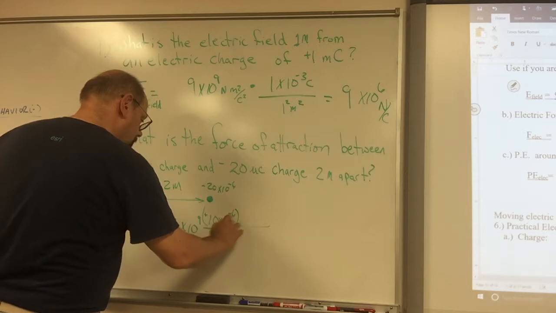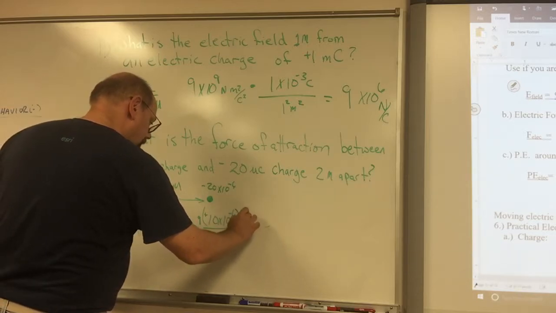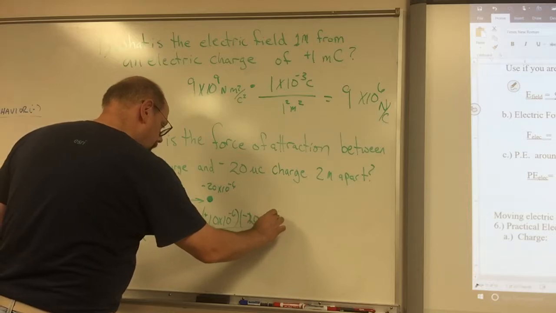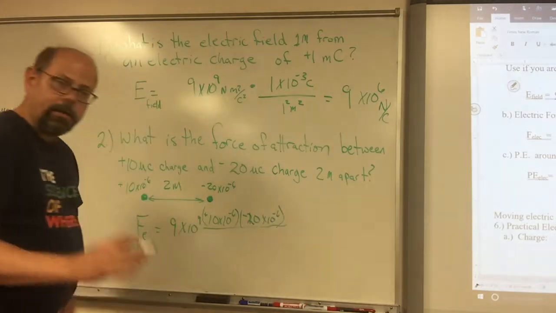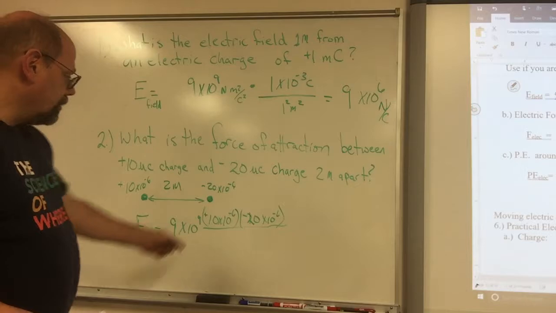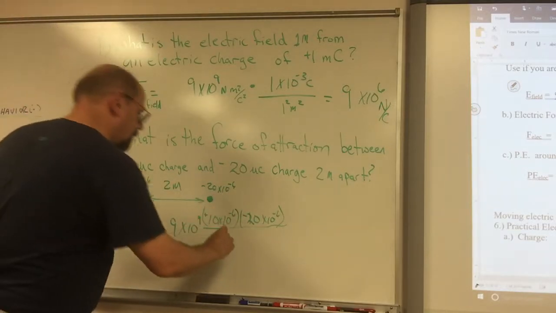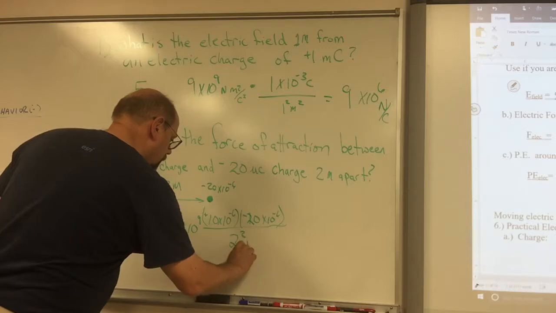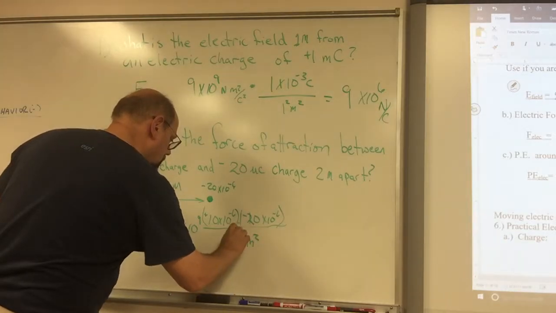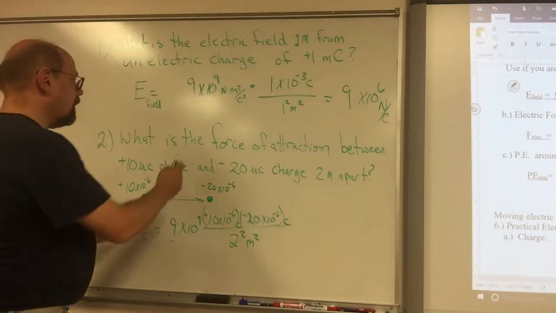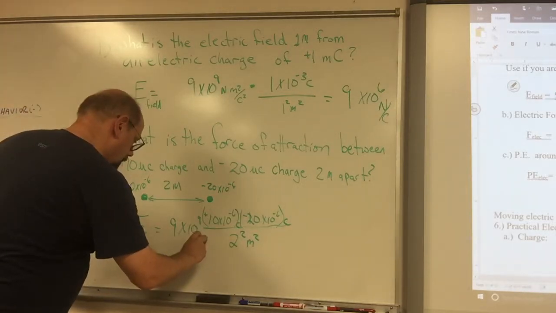This is going to be times a negative 20 times 10 to the minus 6th. I got to keep making sure I get the minuses in there. So those are your two charges, 10 times 20 times the 10 to the minus 6 is in there. And then the distance between here squared. 2 squared meters squared. And this is a coulomb and this is a coulomb. All right. The units there are Newton meters squared per coulomb squared.